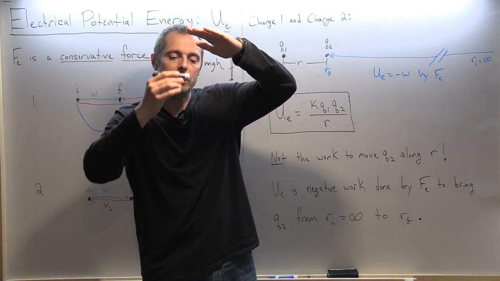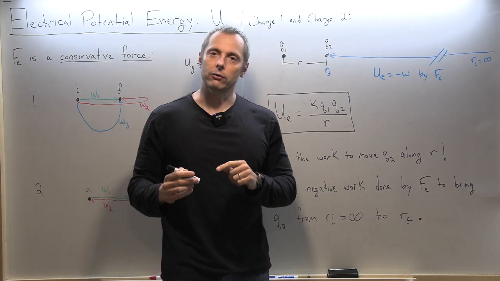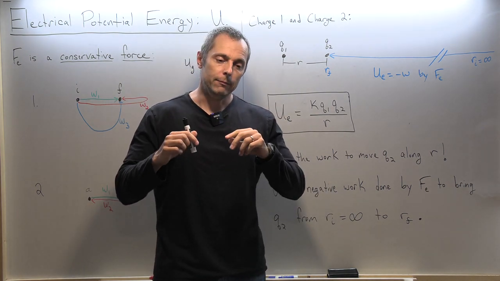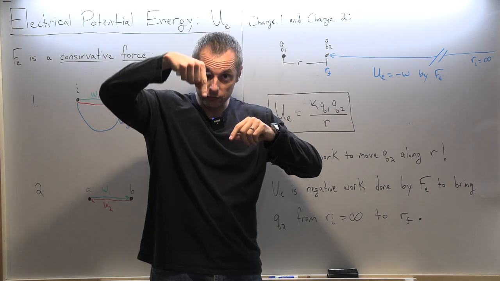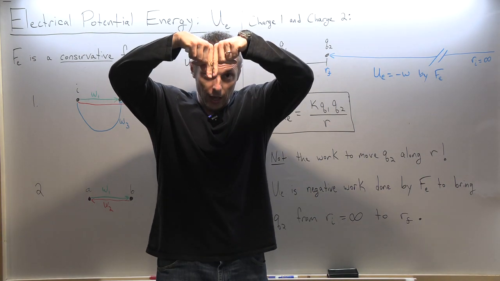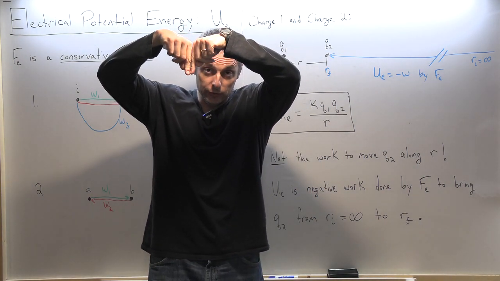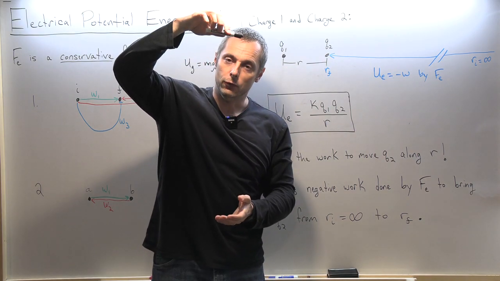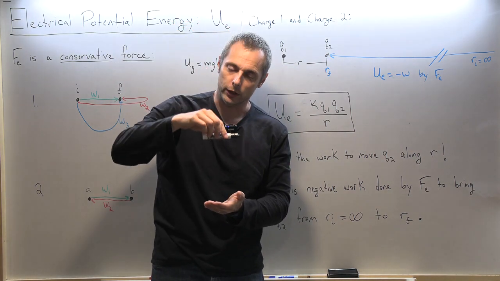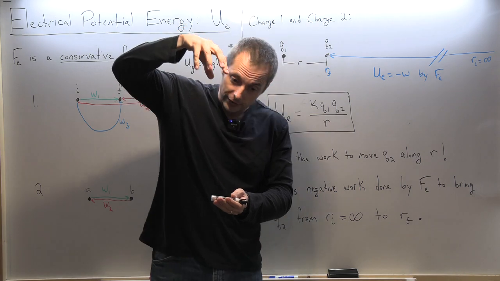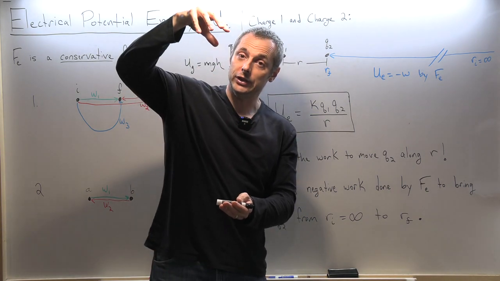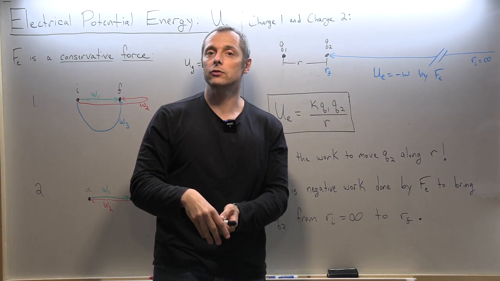When I let this go down, the work done by gravity will now be a positive value. Force of gravity, motion, F d cos theta, theta 0 degrees gives me that the force of gravity did positive work. But we know potential energy should be getting smaller. The change should be negative when something falls.